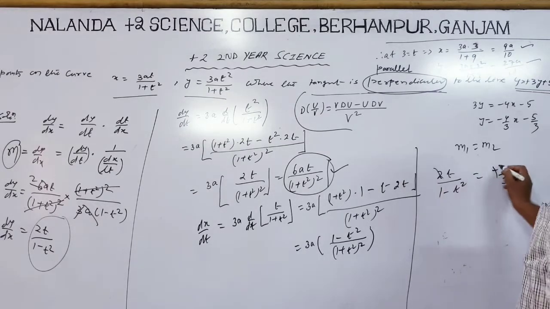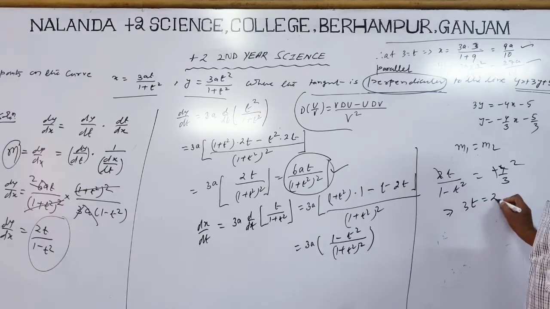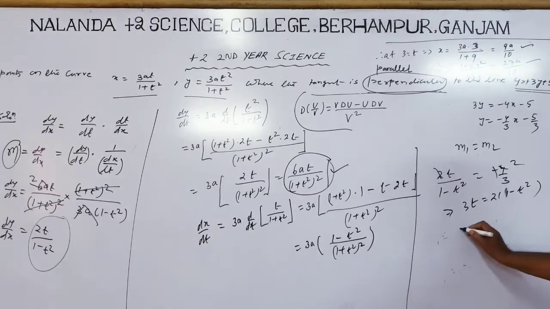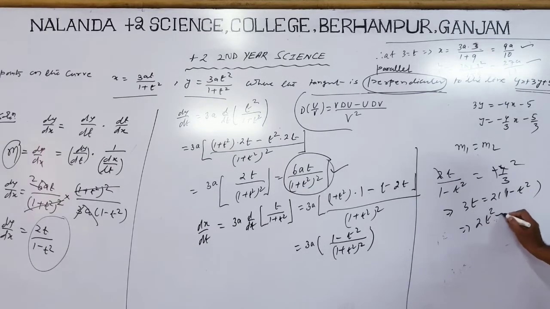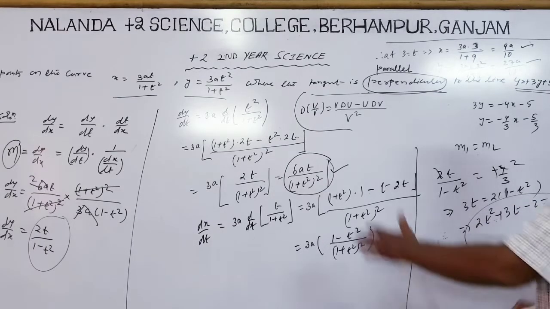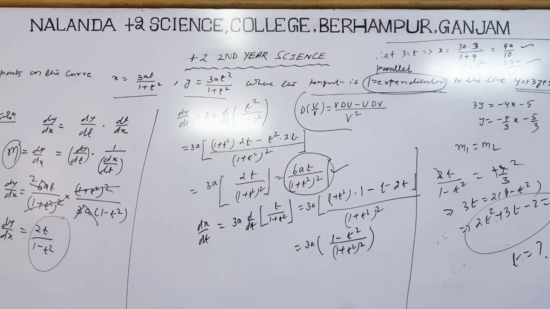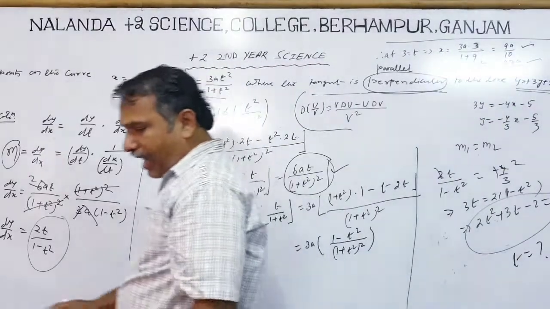So 3t equals 2 into 1 minus t², or 2t² plus 3t minus 2 equals 0. Now from this, find t. Now substitute, and we get the point on the graph. Either perpendicular or parallel, the logic is here: perpendicular means m1 m2 equals minus 1, parallel means m1 equals m2.